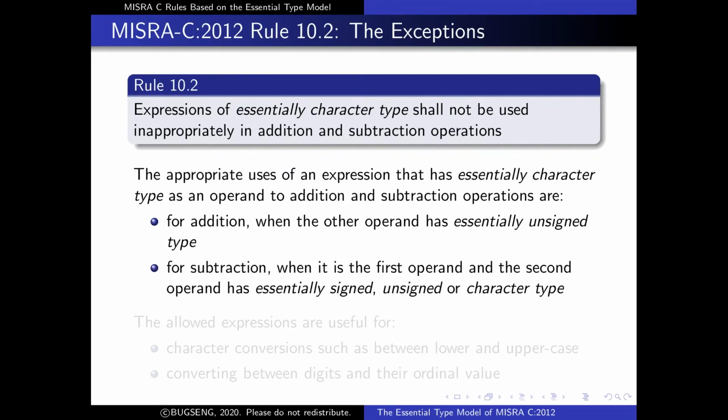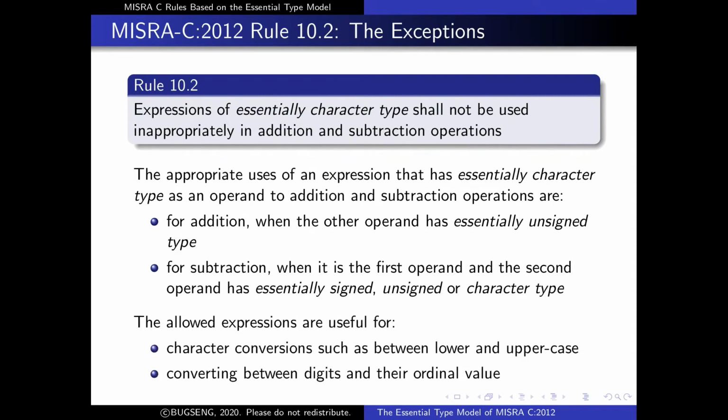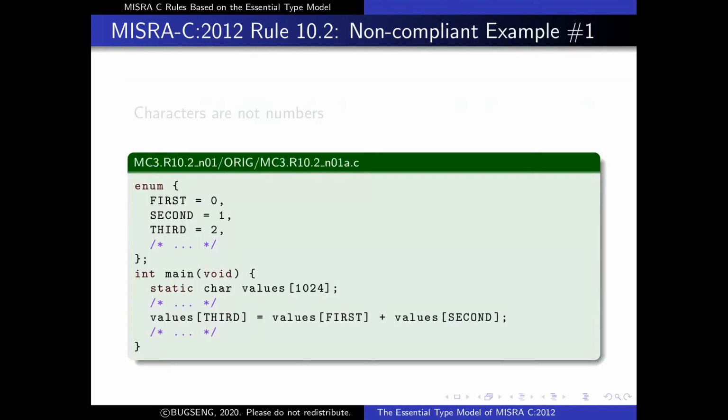The allowed expressions are useful for character conversion. Whenever you want to convert from, say, uppercase to lowercase, if you are in ASCII, you have to add 32, I think. Also converting between digits and their ordinal value. In ASCII, in order to convert from the character 3 to its value, you should subtract 48, I think, from the ASCII code to obtain the value.